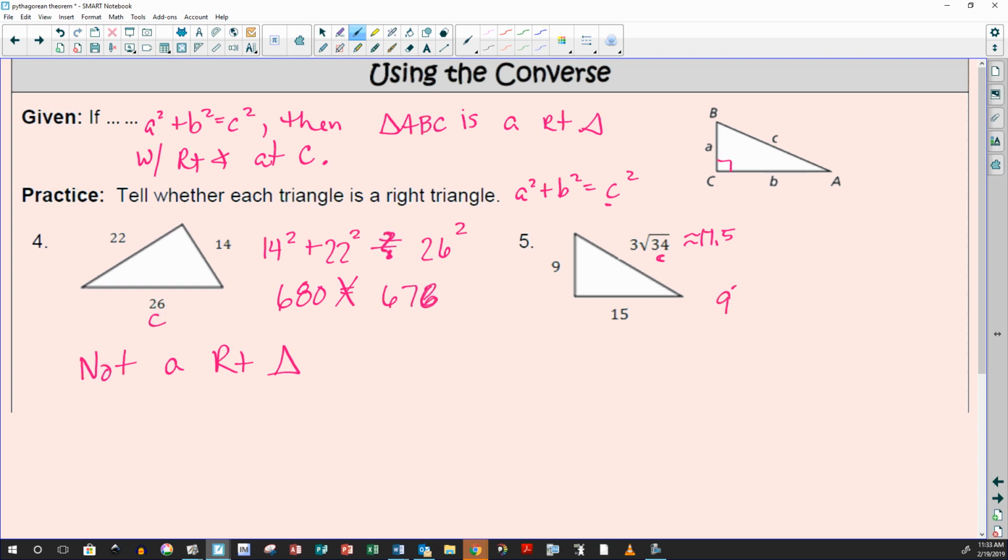So this is going to be 9 squared plus 15 squared. Does it equal 3 square root of 34 squared? Make sure you put parentheses around it, because if you don't, then the only thing that gets squared is the 34, but I need the 3 to be squared also, because I'm putting it in the calculator. So 9 squared plus 15 squared, I'm getting 306.